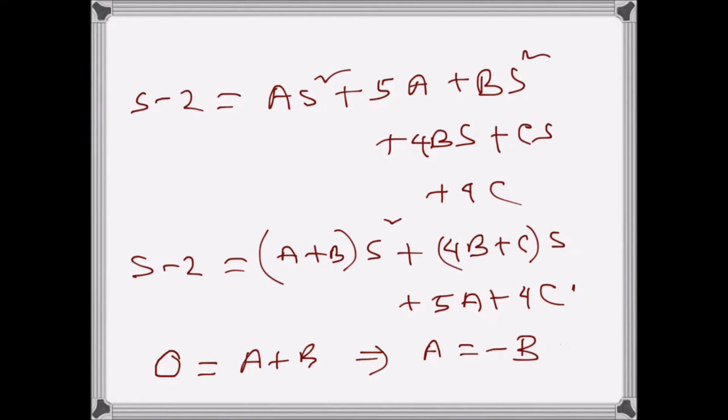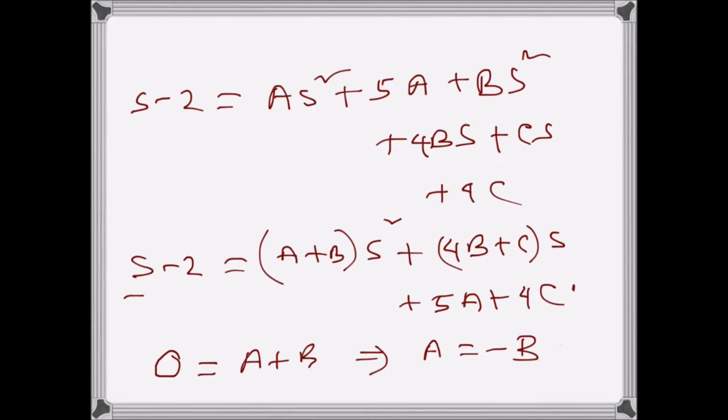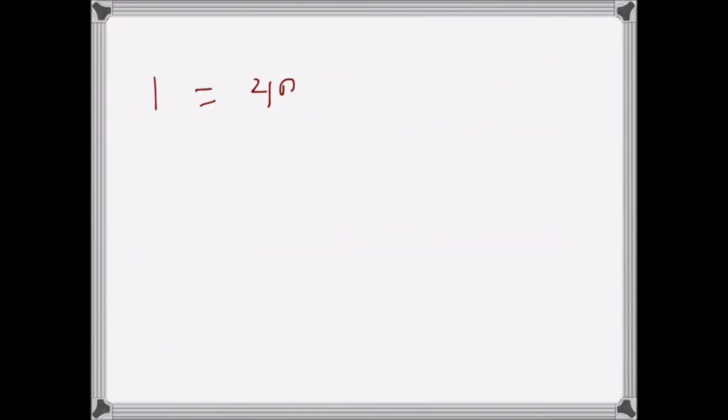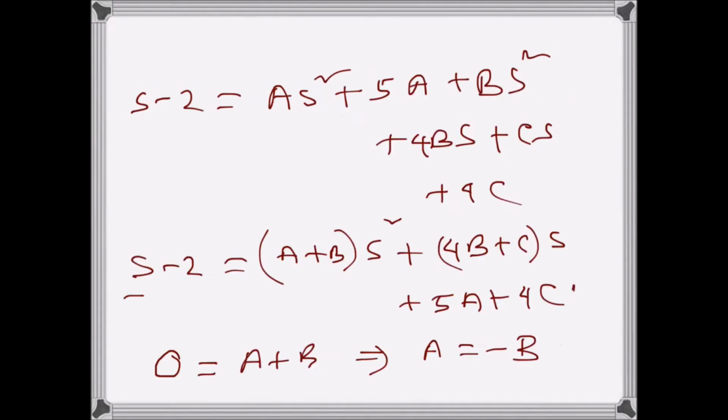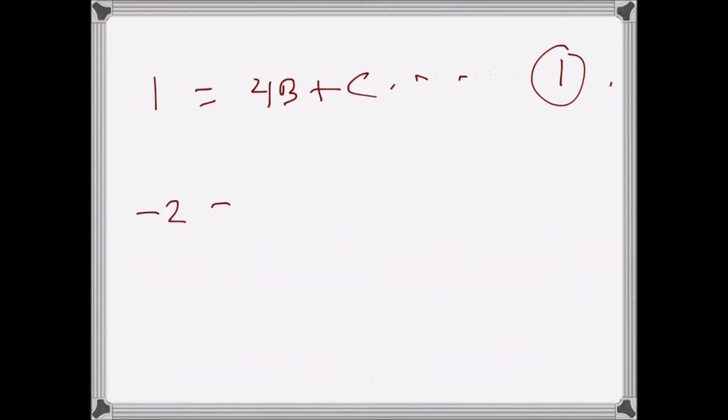On the left hand side the coefficient of s is 1 because it's just s, and on the right hand side it's 4B plus C. Let's call it equation 1. Then we will equate the constants. On the left hand side it's minus 2, and on the right hand side it's 5A plus 4C. Let's call it equation 2.